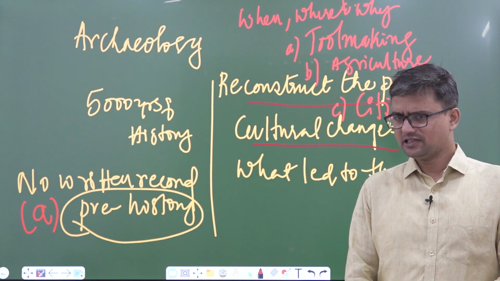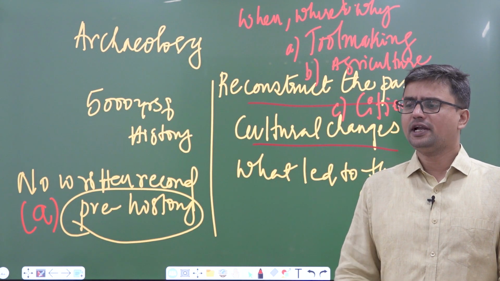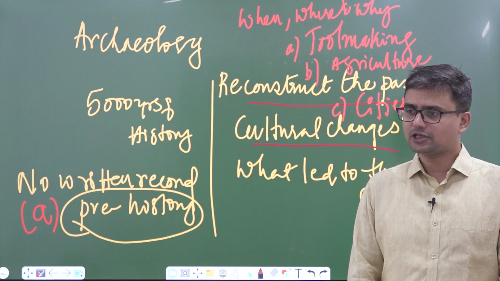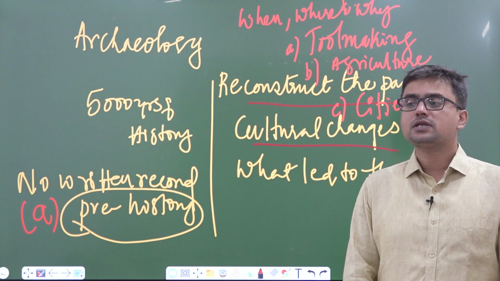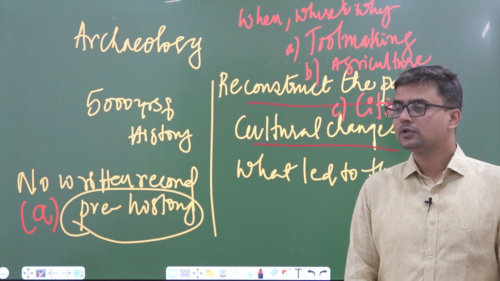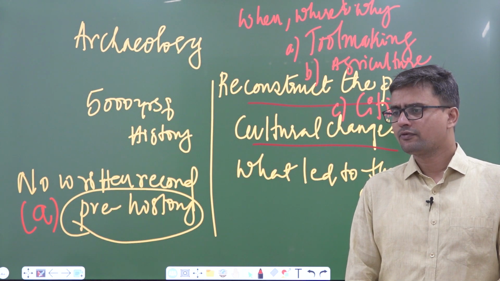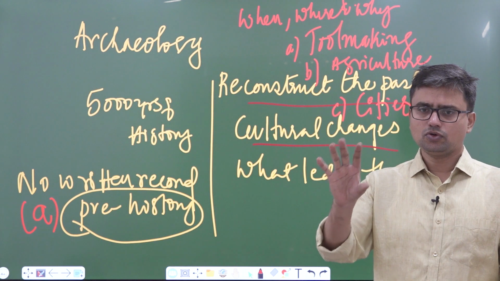What is the significance of agriculture? Food तो hunting में भी मिल रहा है, नॉन वेज भी मिल रहा है अच्छा खासा, stable diet, stable life. So a stable life, we can store the food grains. Good. Yes.